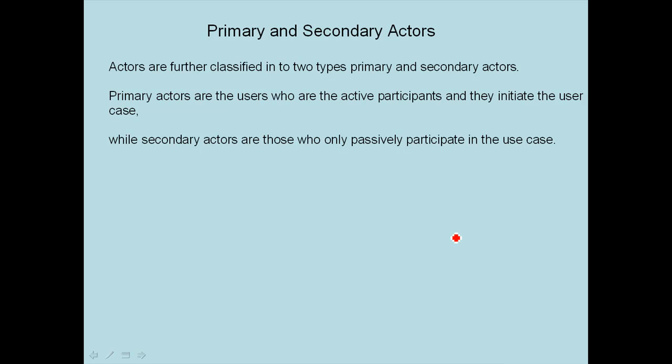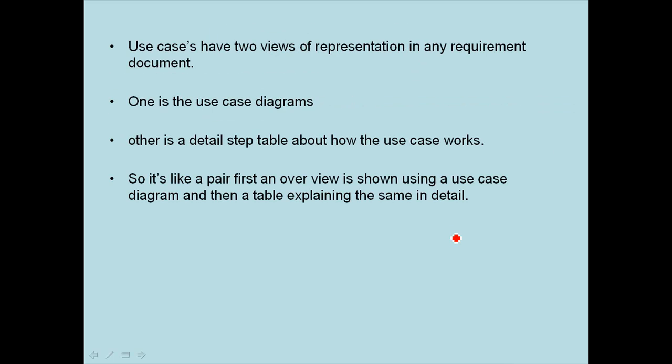So depending on what the action is, the actors can change from primary to secondary and secondary to primary. An actor who is a primary actor in one use case can be a secondary actor in another use case. But yes, primary and secondary actors are important things which we should note when we write use cases or draw use case diagrams.